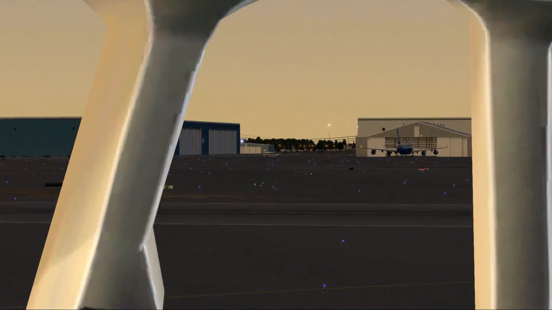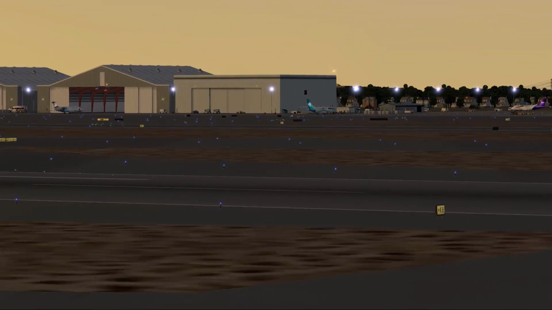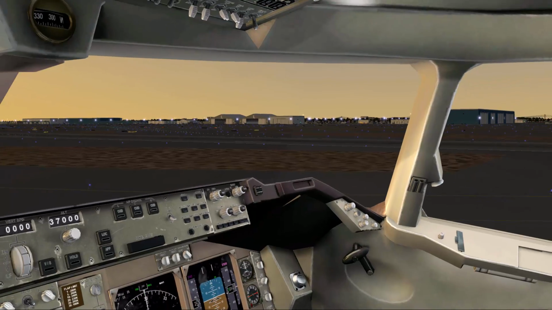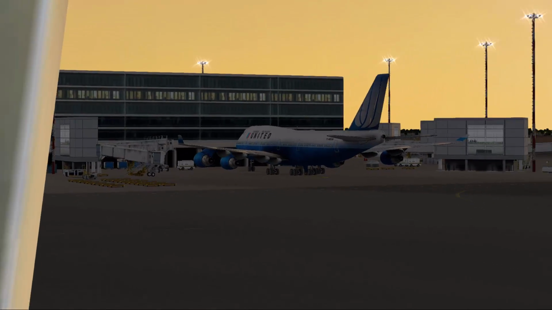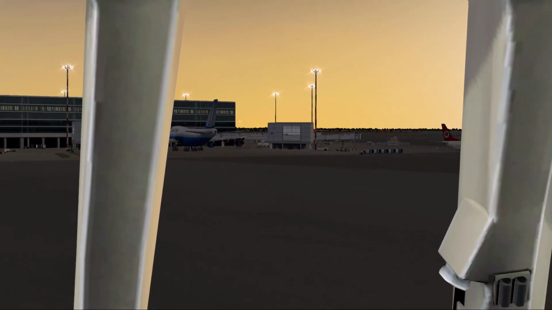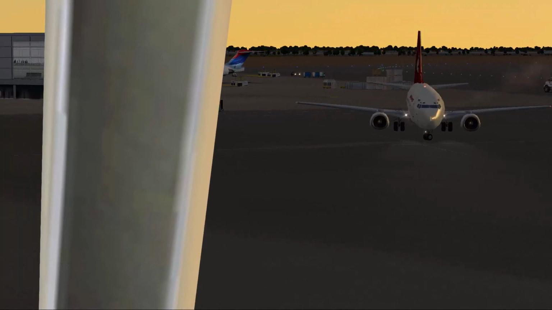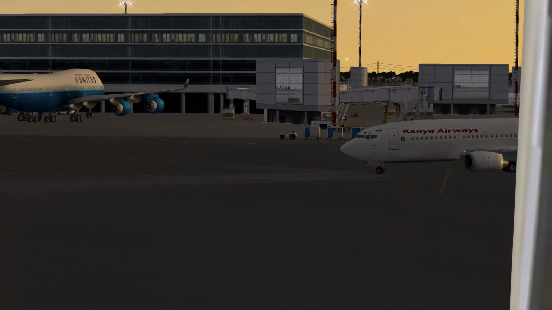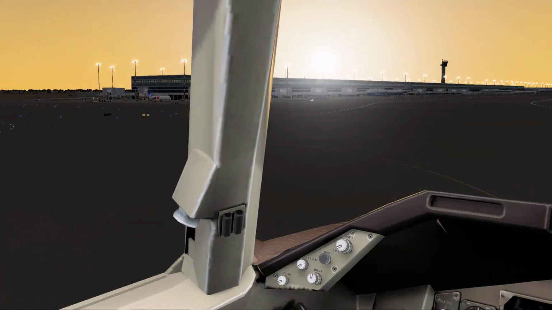Also added a so-called airport flow, ATC flow, that explains to the artificial intelligence which runways to use for arrivals and departures, and that makes for a more efficient and realistic traffic flow as well. You can see another 737 making the turn there, going to the departure runway.